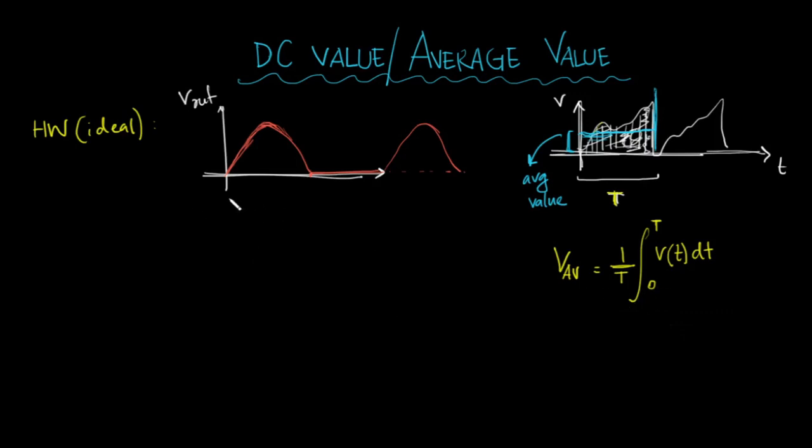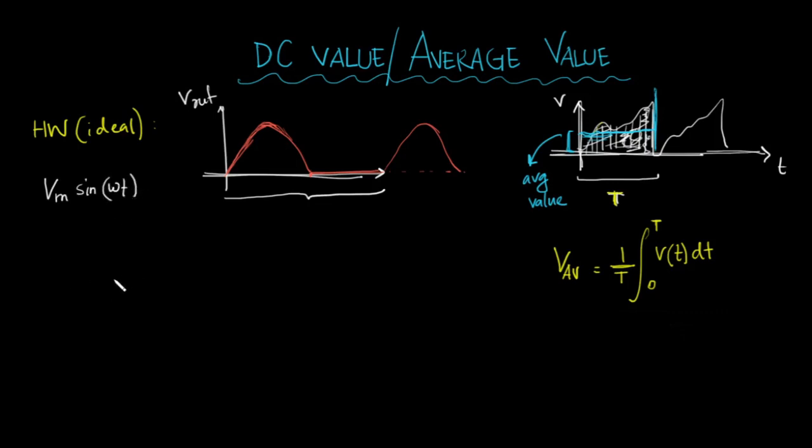This is our one time period, the full time period. We have to integrate over this full time period and then divide by the time period T. Since this is the output, what was the input of the rectifier? Well, the input was a sine wave, right? Suppose we had a sine wave of the form Vm sin omega t.